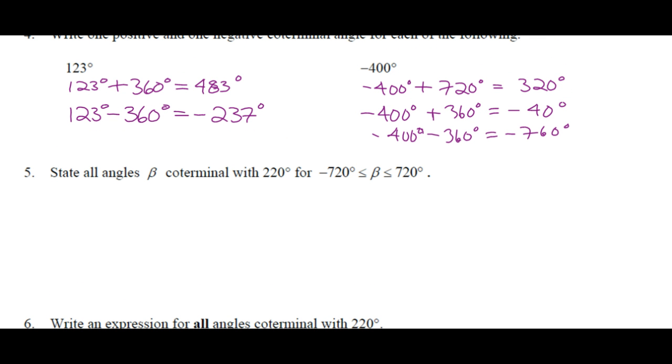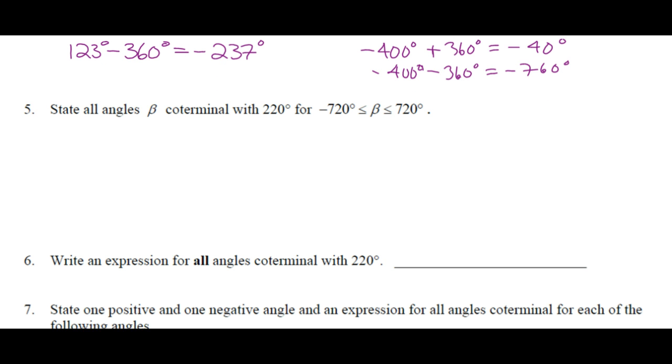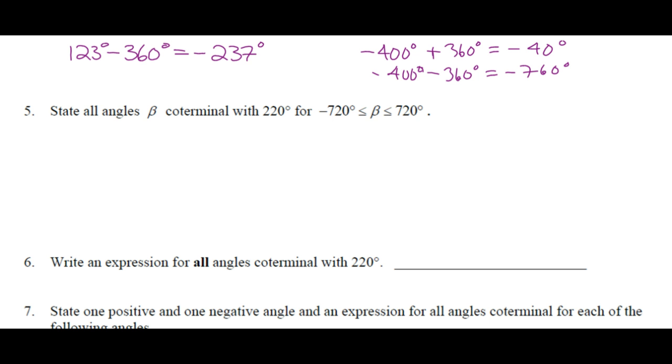State all angles beta coterminal with 220 degrees if beta is between negative 720 and positive 720. Okay. So what do we have to do to get all the coterminal angles between negative 720 and positive 720? Well, we just add or subtract 360, right?